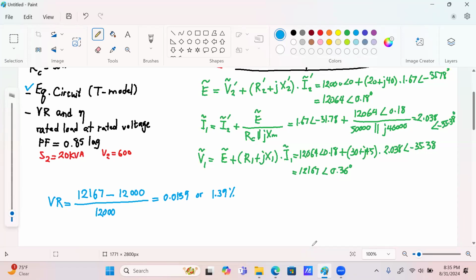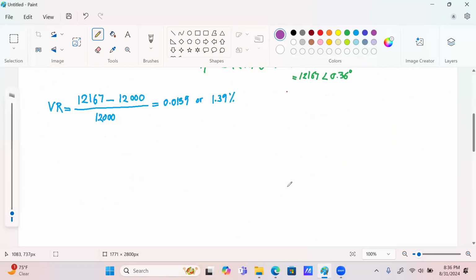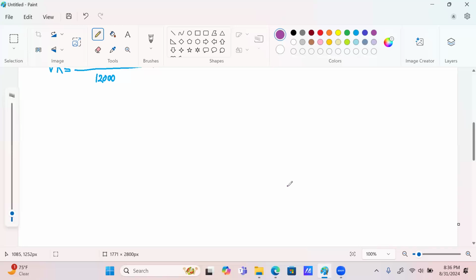Lastly, we have to find the efficiency. For efficiency, let's remind ourselves of all the losses for a transformer. You provide input power, which in the case of a single phase transformer is simply going to be V1 I1 cosine of theta 1.